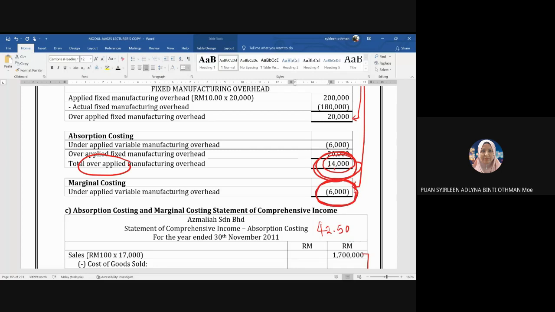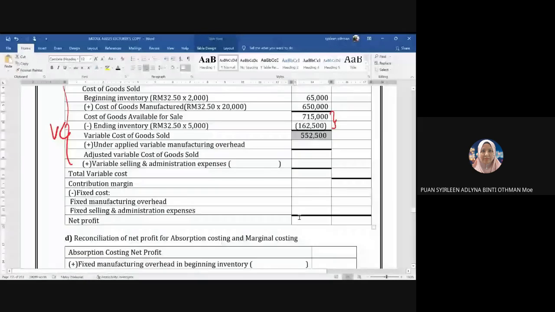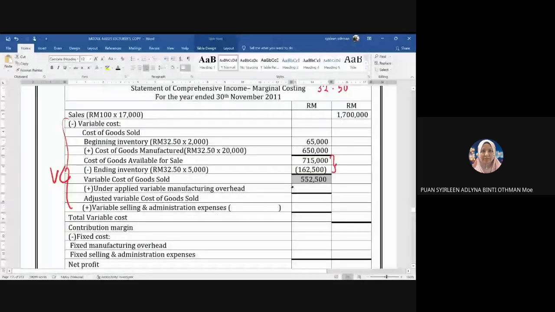Under applied means that in the journal entry it will be debit COGS, credit MOH. So when it is debit COGS, in the statement we will add. Don't be influenced by the bracket. That is why you must understand what under applied means, what over applied means. Alright. Okay, so now, below here, you are going to do the adjustment. We will add 6,000.